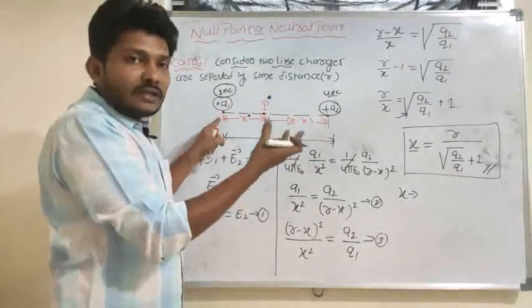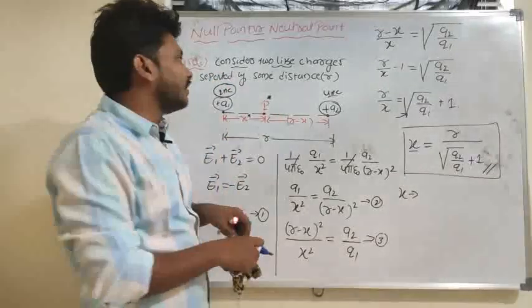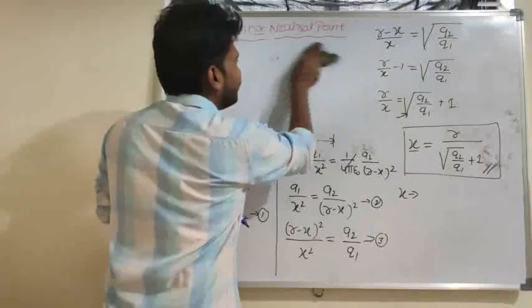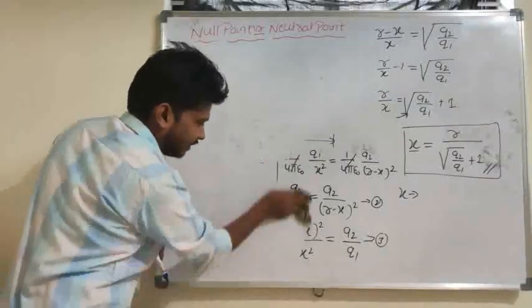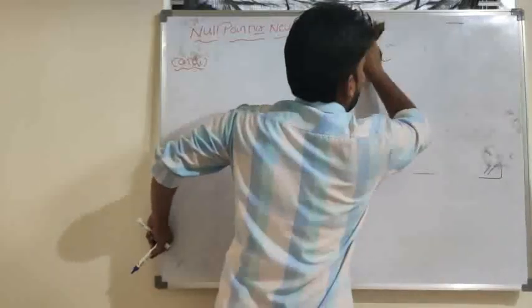If the two charges are unlike charges, where will you get the resultant zero electric field? Zero electric field exists outside the charges. So remember one point here, if two charges are unlike.